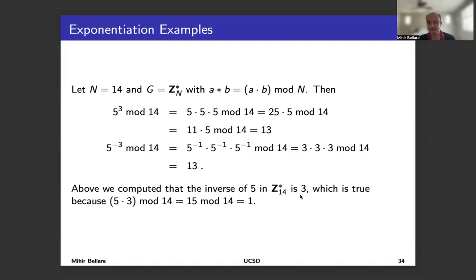Why? 5 times 3 is 15, and 15 mod 14 is 1, so this equation is true, and that's the definition of 3 being the inverse of 5. So here we get 3 times 3 times 3 mod 14, and that simplifies to 13. So in summary, 5 cubed is 13, and 5 to the negative 3 is also 13.